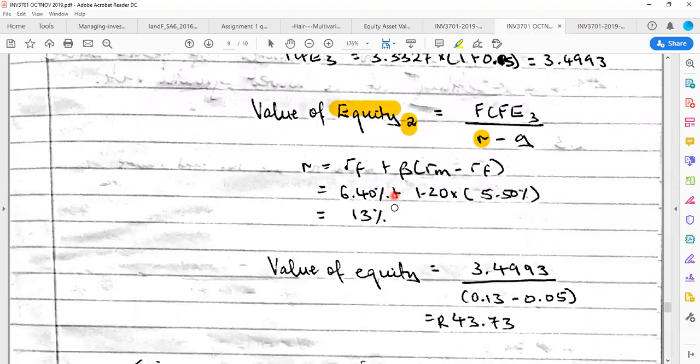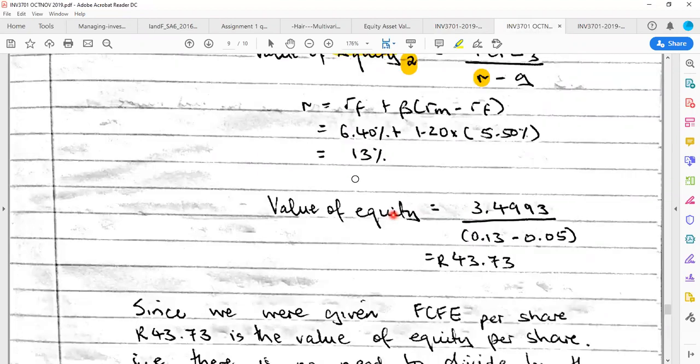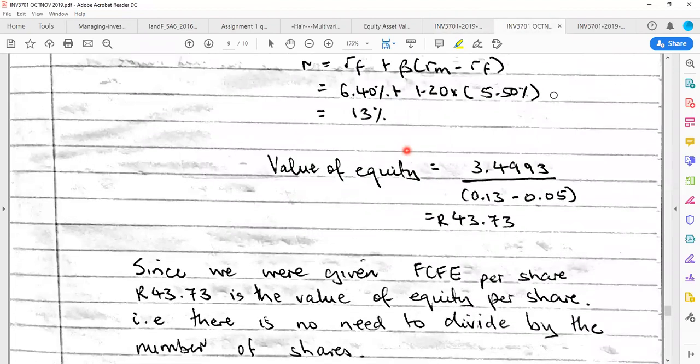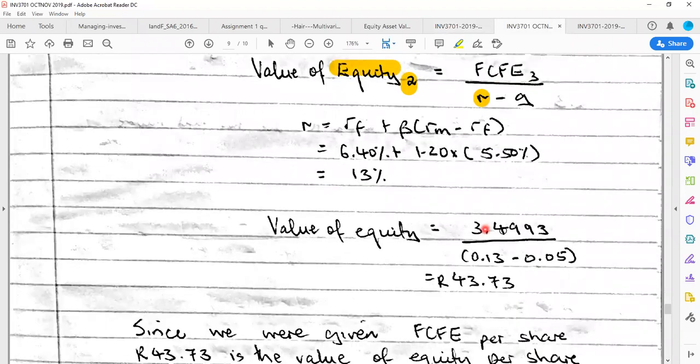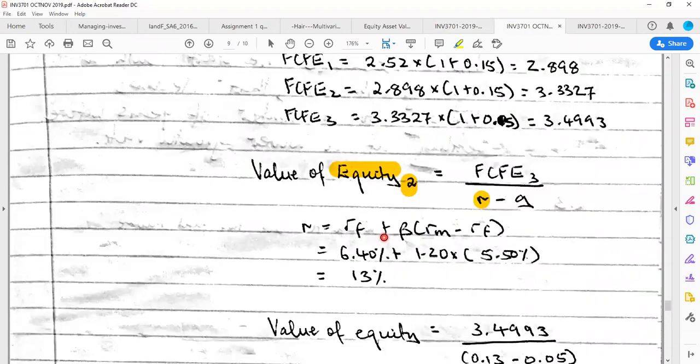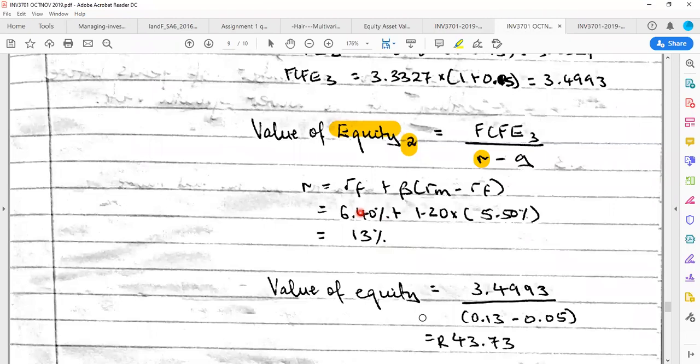We substitute all that information and get the cost of equity, which is R. Then we can get the value of equity by taking the FCFE3, the free cash flow at time 3. So this is the value of equity at time 2. The value of equity at time 2 is 3.4993 over our required return minus the growth rate, G, giving us 43.73, right?